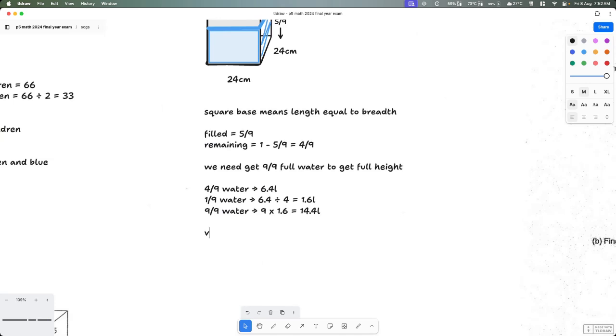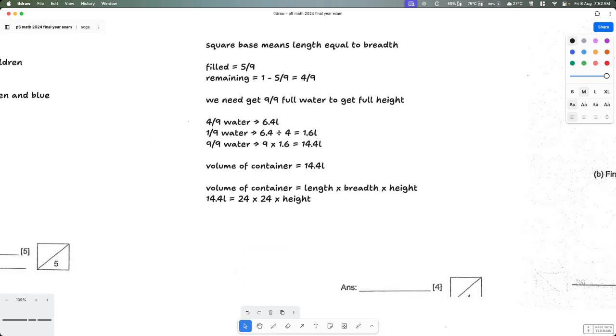So the volume of the container is equal to 14.4 liters. Volume of container is equal to length times breadth times height. So that means 14.4 liters equals length 24 times height, like this.